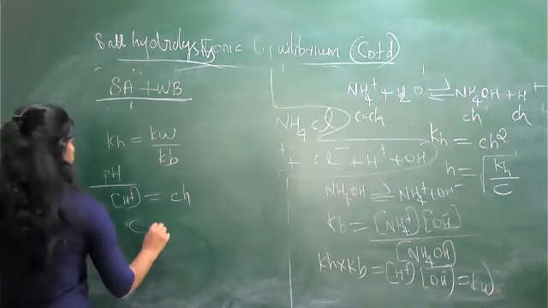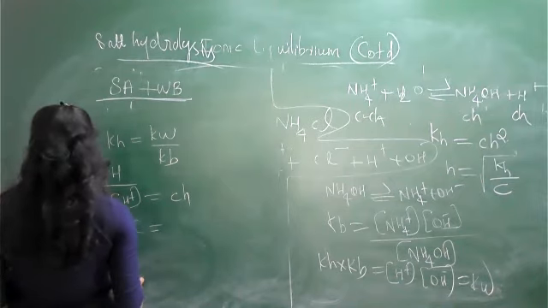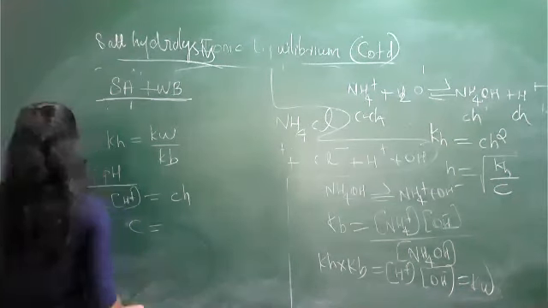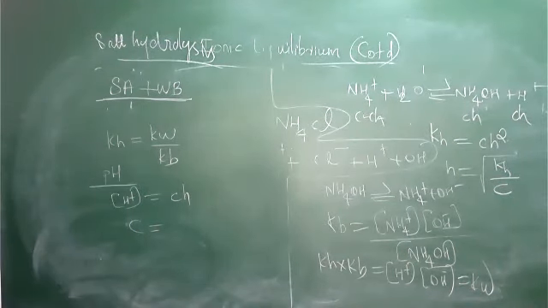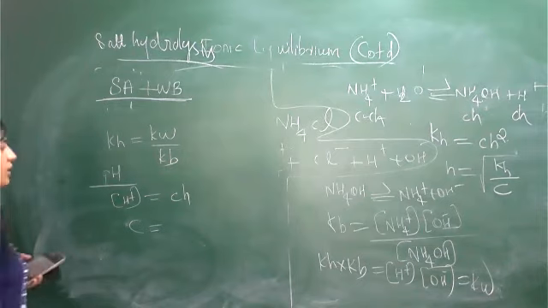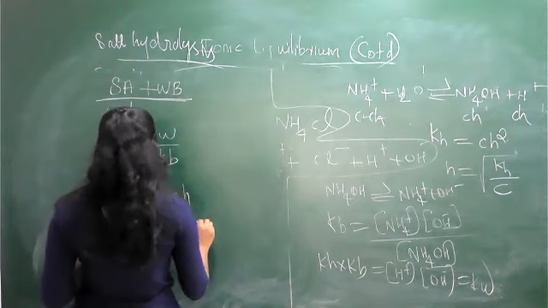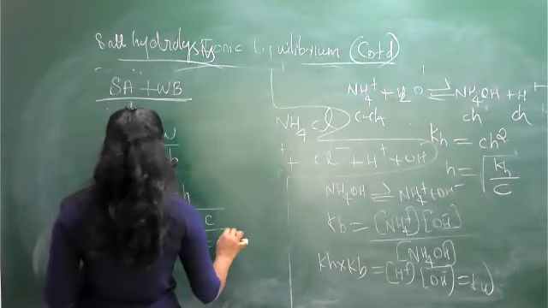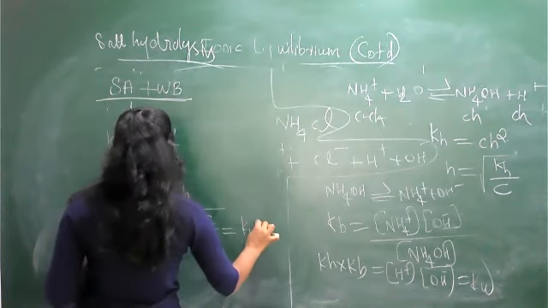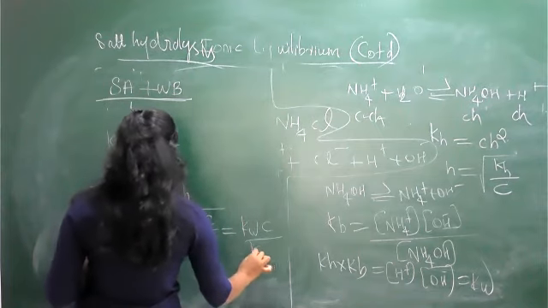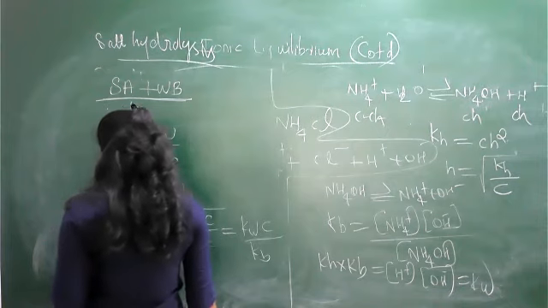So C equal to... any complication, you can look now. Kw into Kb... C, under root, Kw into C upon Kb.